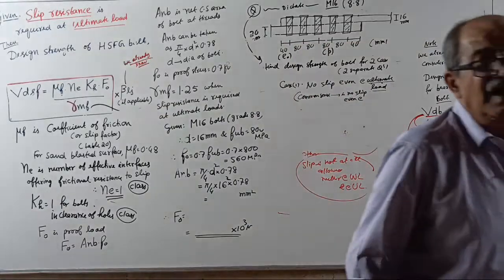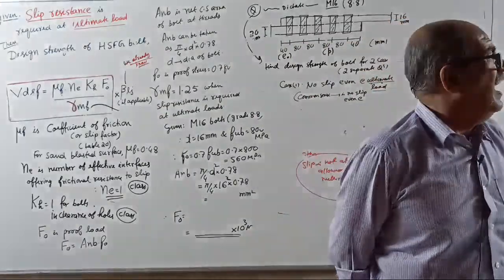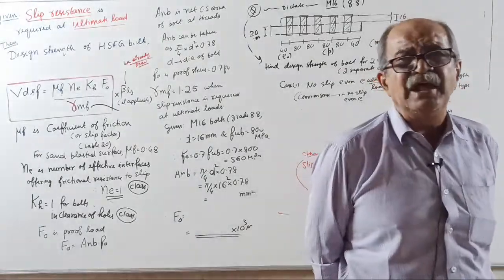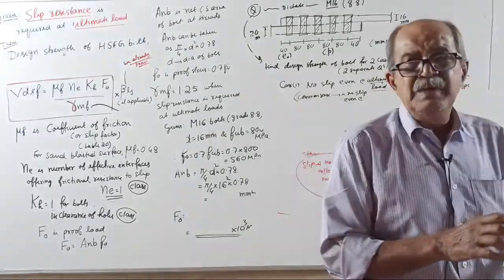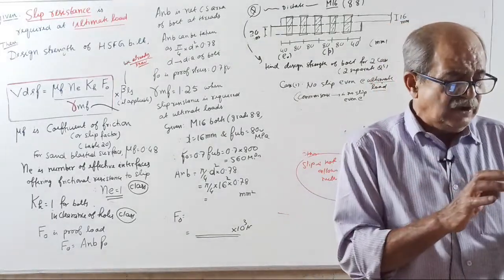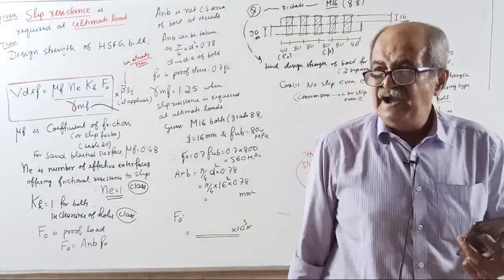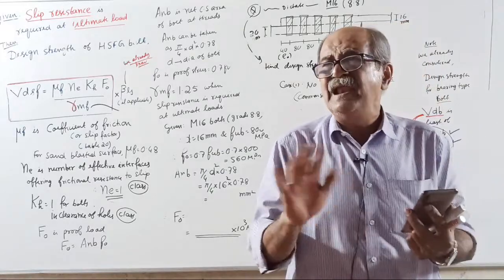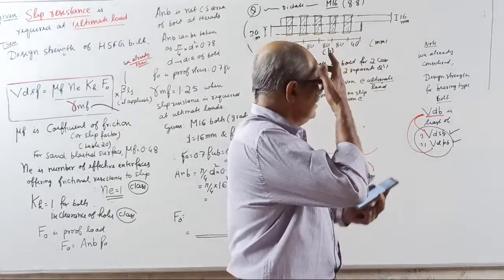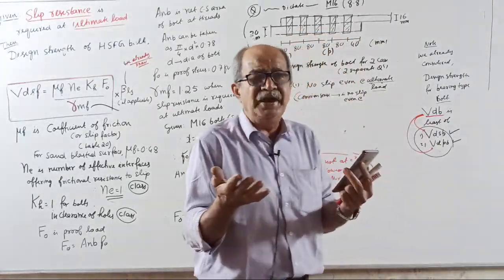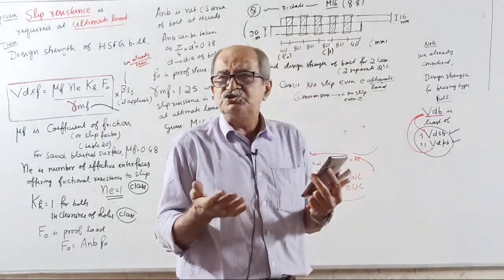Common sense question: slip is not allowed at ultimate load means what? Slip is also not allowed at what load? Ultimate load is factored load, I am not asking that. I am not asking what ultimate load is called. Such a complication. Sorry, I should stop the class now.